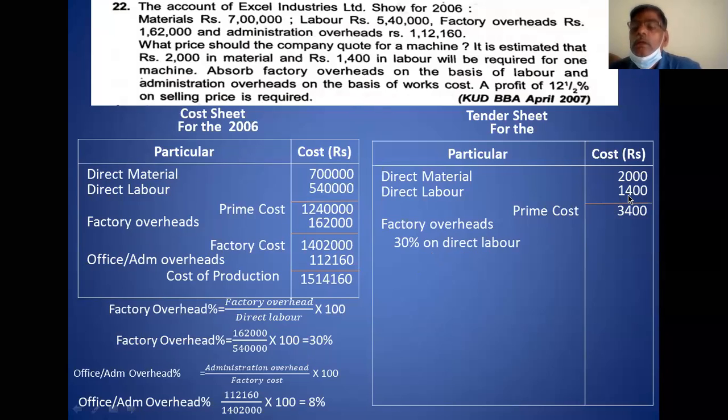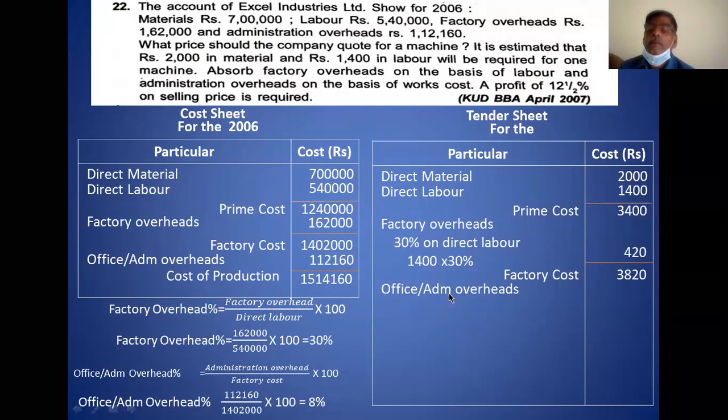On this 1,400, you calculate 30%. 30% of 1,400 is 420. 420 is the factory overhead. You see this point very carefully. Add this, you will get the factory cost.